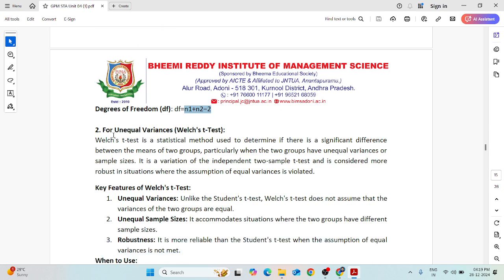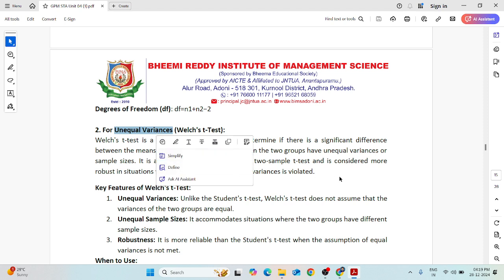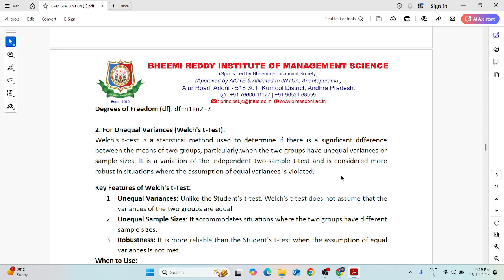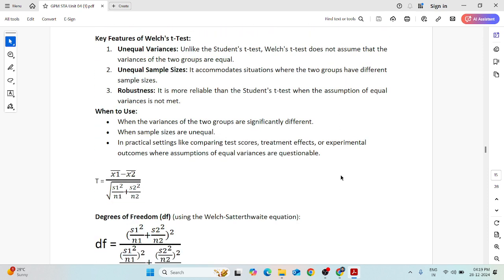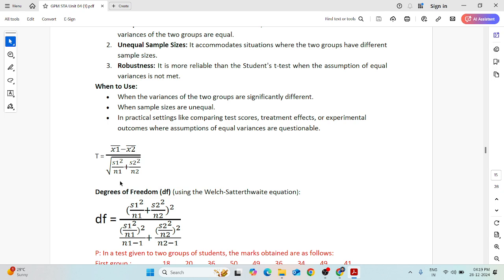And when variances are unequal, we say this t-test is also called the Welch's t-test. So here it is also simply S1 square and S2 square, x1 mean, x2 mean, two populations again.